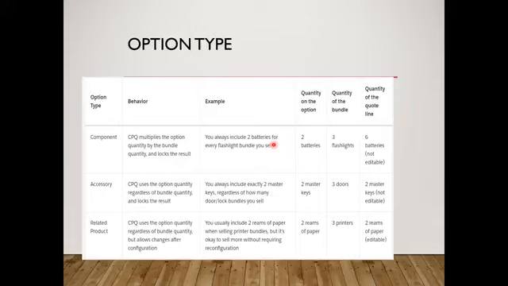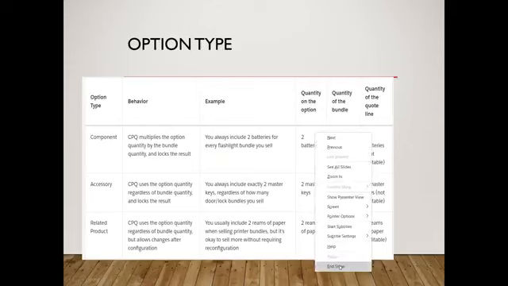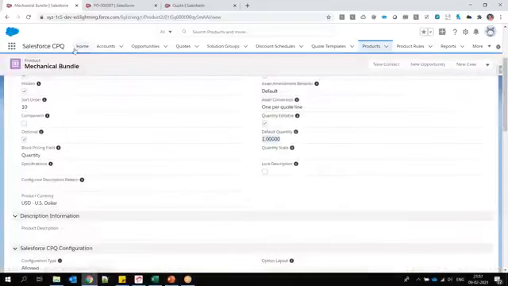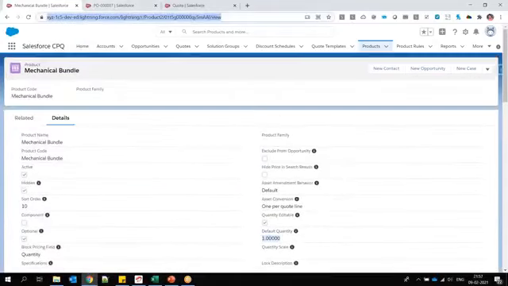Any questions on option type? You can test this functionality. It's not like I should go with a live session now, but it's simple. You can just change the type of your already created product option.